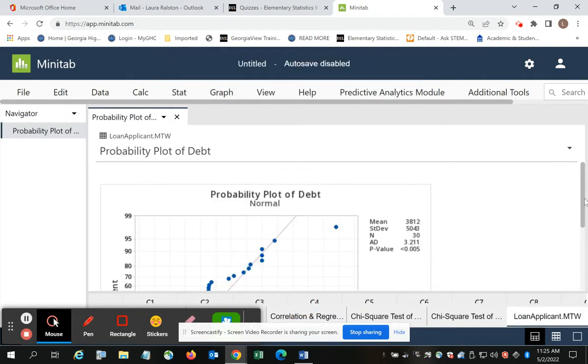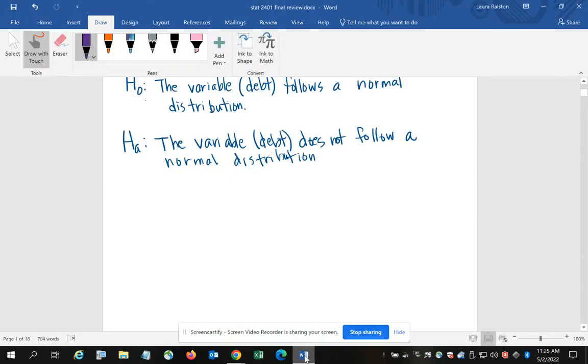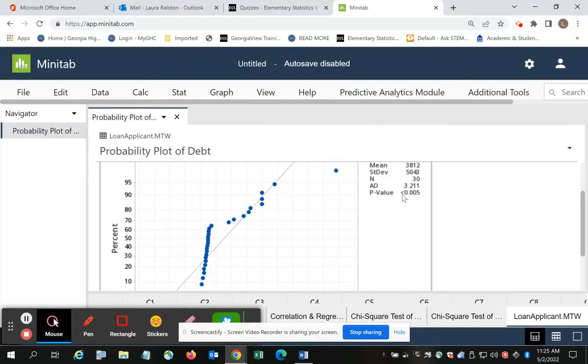Now, we do get lots of information. We get our probability plot, and off to the right-hand side here, we get our Anderson-Darling test statistic, which is 3.211. Okay, so I'm going to record my Anderson-Darling, which is 3.211. I also need the p-value, which it tells me is less than 0.005.